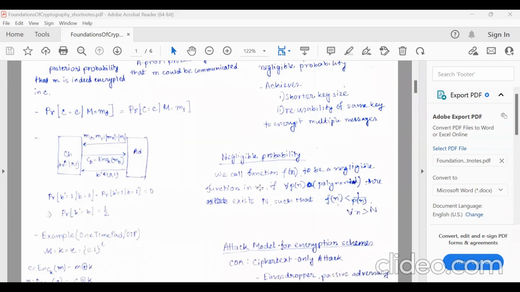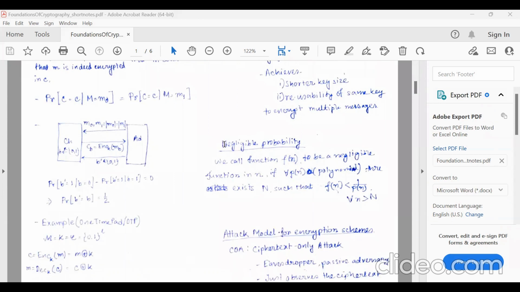So just to mention, we will encounter this concept of negligible probability again and again throughout our whole course.